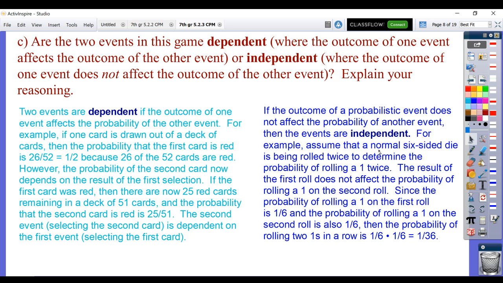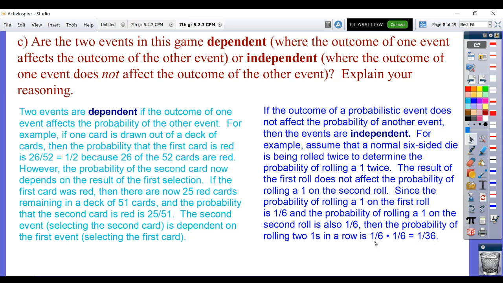So for example, assume that a normal six-sided die is being rolled twice to determine the probability of rolling a 1 twice. The result of the first roll does not affect the probability of rolling a second one. The probability of rolling a 1 on the first roll is 1/6, and then the probability of rolling a 1 on the second roll is also 1/6. So the probability of rolling 2 ones in a row is just 1/6 times 1/6 equaling 1/36.